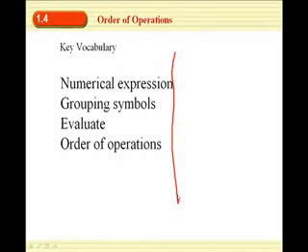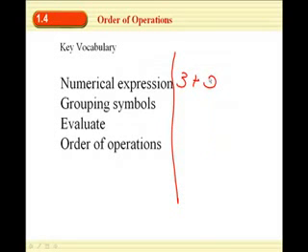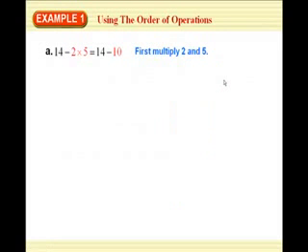Numerical expression. A numerical expression just represents a, let's do an example. A numerical expression would be something like this: 3 plus 5. How about if we just do 3 plus 10 minus 2.